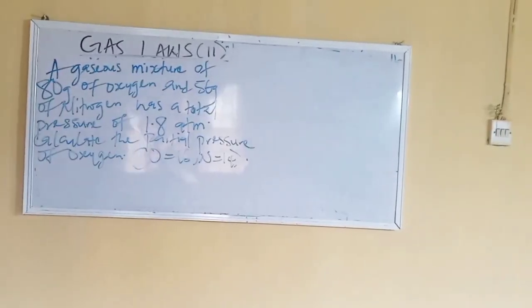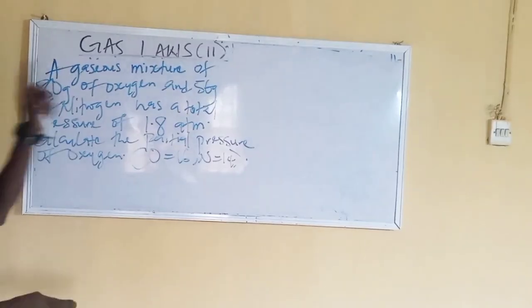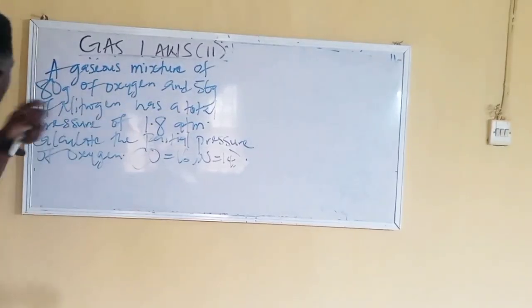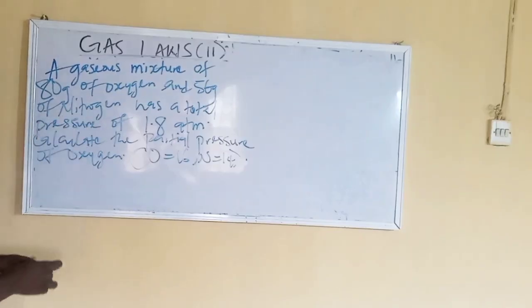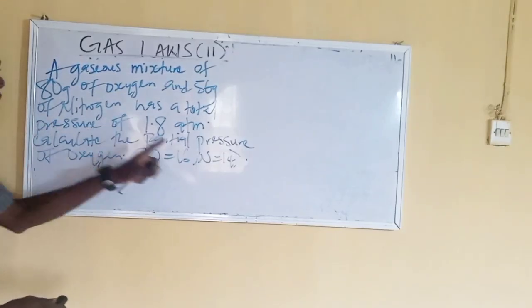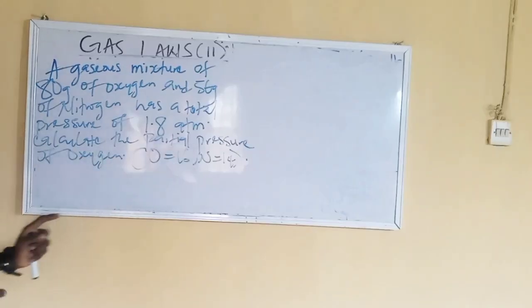Now let's have a look at this. A gaseous mixture of 80 grams of oxygen and 56 grams of nitrogen has a total pressure of 1.8 atmosphere. Calculate the partial pressure of oxygen.